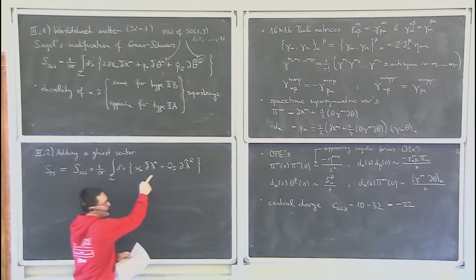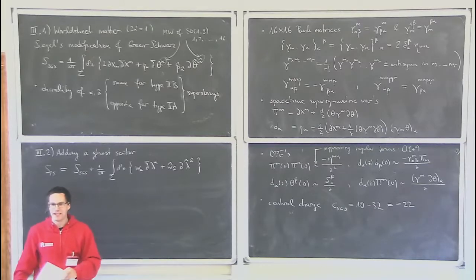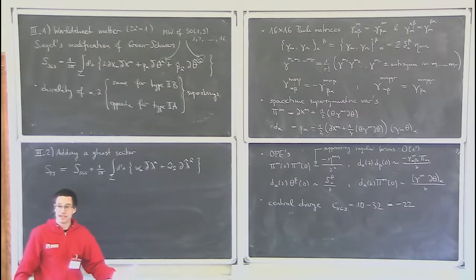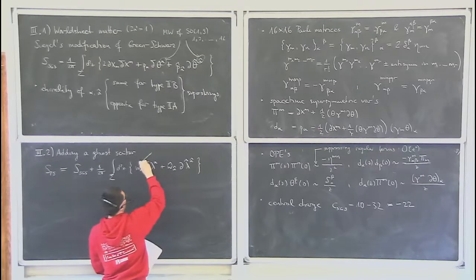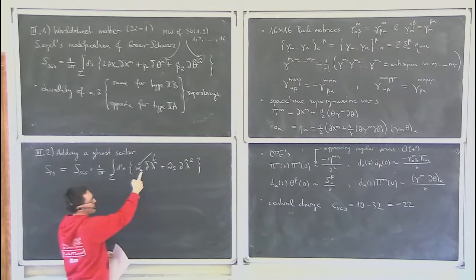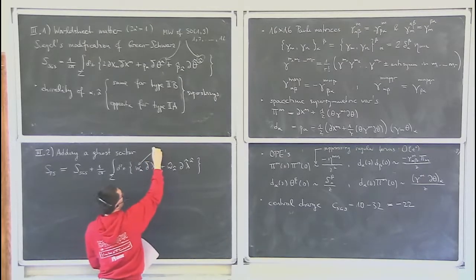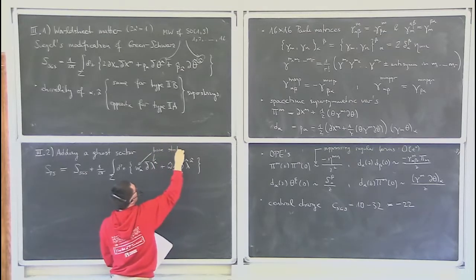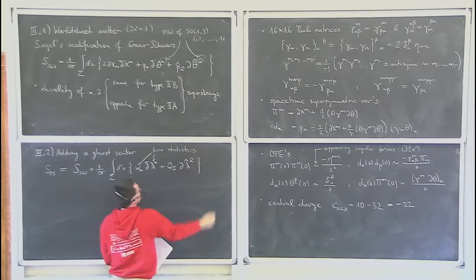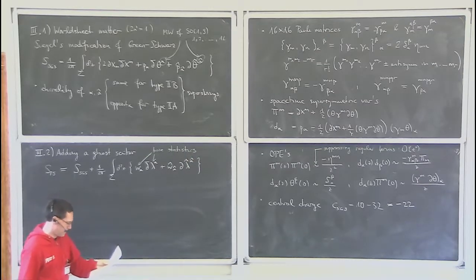Okay, I'm already introducing these variables as ghosts. As you know, ghosts have opposite statistics than the index structure gives rise to expect. So if it's a spacetime spinor, then being a ghost means that they have Bose statistics. Both W and lambda.